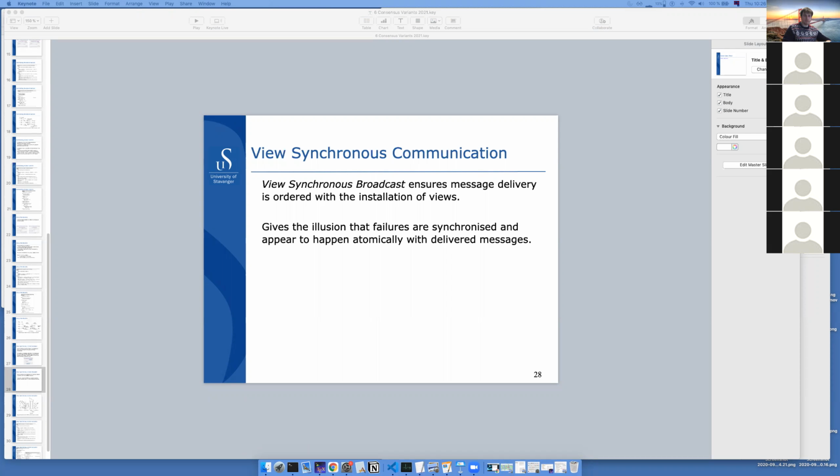It gives the illusion, or maybe that's not the correct word, but the abstraction makes it so for the application layer that the failures are synchronized and appear to happen atomically with delivered messages.